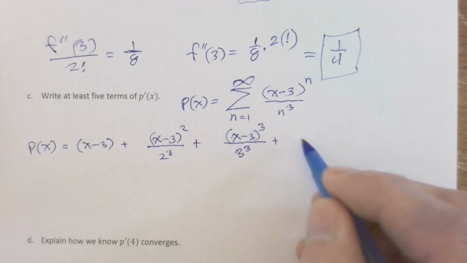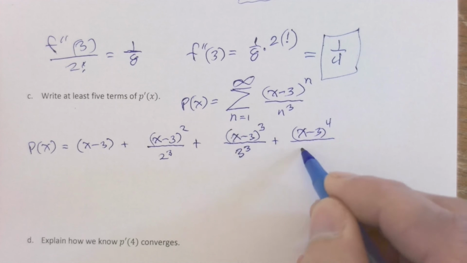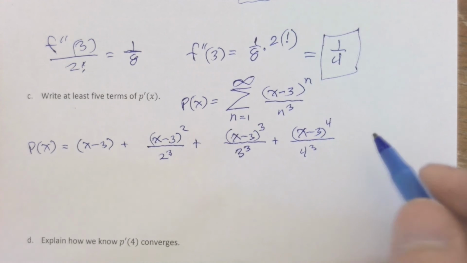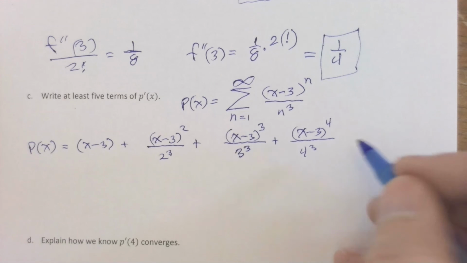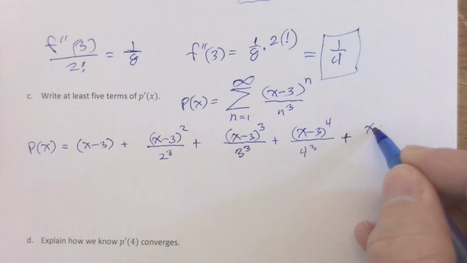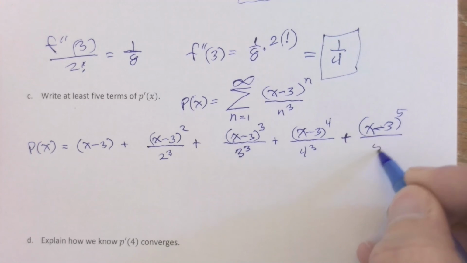Plug in 4, x minus 3 to the 4th over 4 cubed. And since I'm supposed to have 5 terms of p prime, I'm going to go ahead and write out the 5th term of p. It's x minus 3 to the 5th power over 5 cubed.